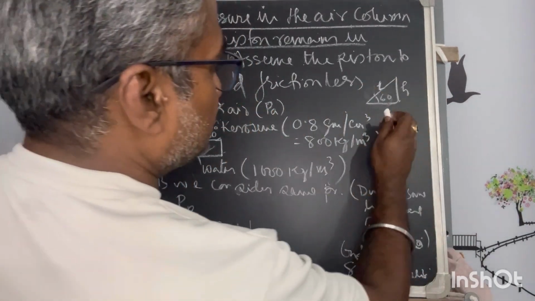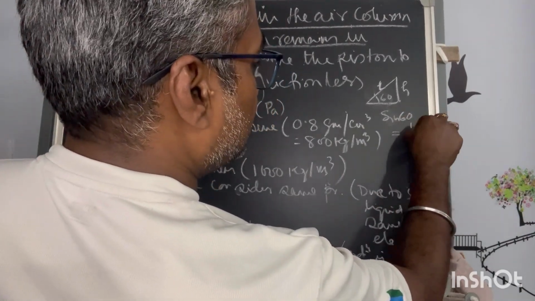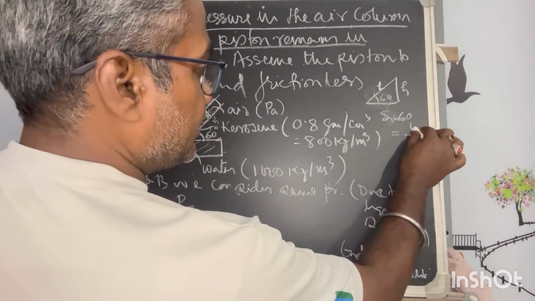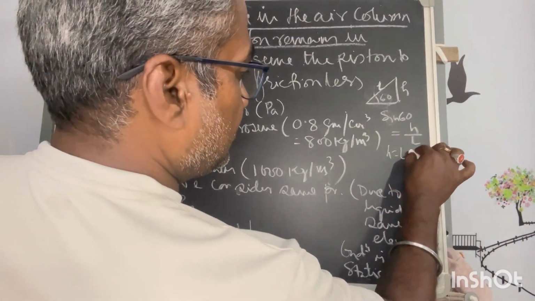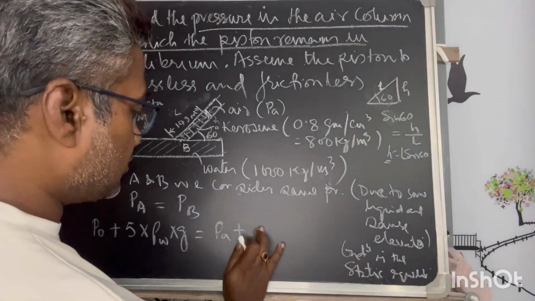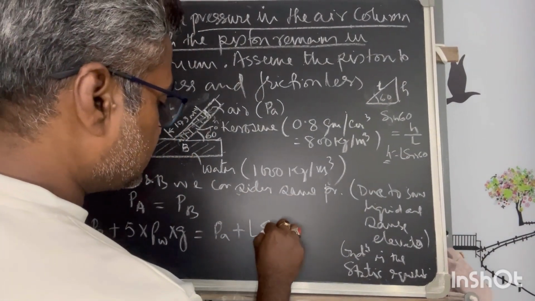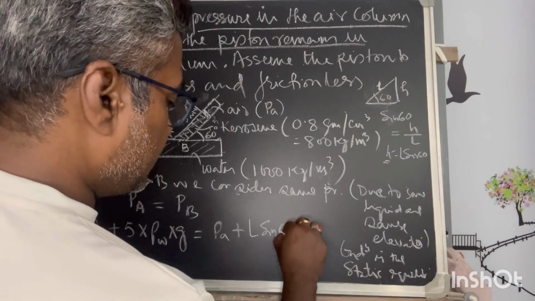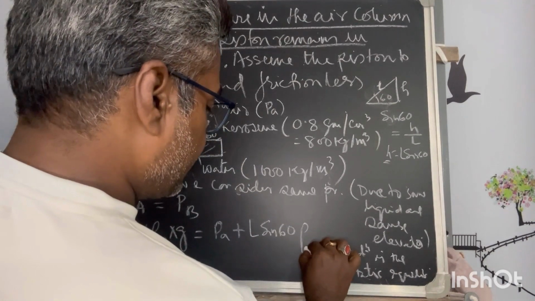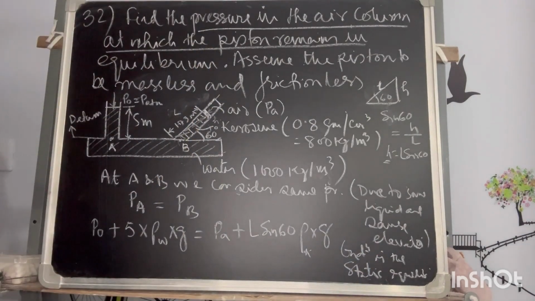So if I take sine of 60, that is equal to height upon hypotenuse. So what is your H here? H equals L sine 60. This is the height you have to take. So now L sine 60 is my height, and rho of kerosene into g will come here. So this is my complete equation.